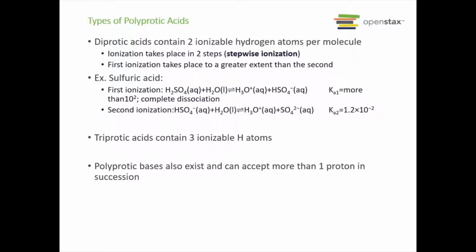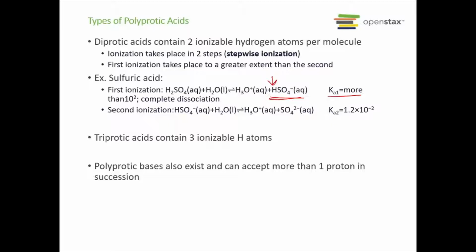For example, sulfuric acid is a strong acid. Its first ionization has a Ka1 of more than 10 to the second. It has complete dissociation. It is a very, very strong acid. But its conjugate base of H2SO4 is HSO4 minus, so you still have a hydrogen that can be given off.